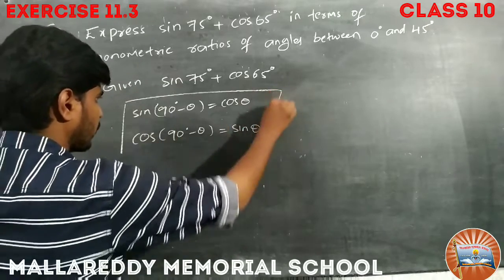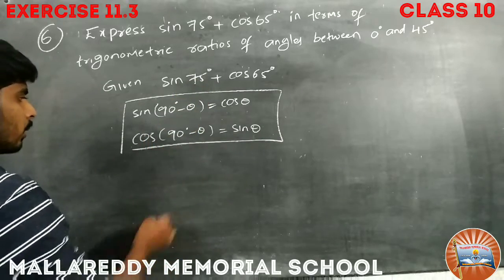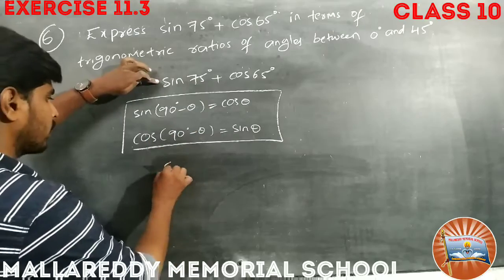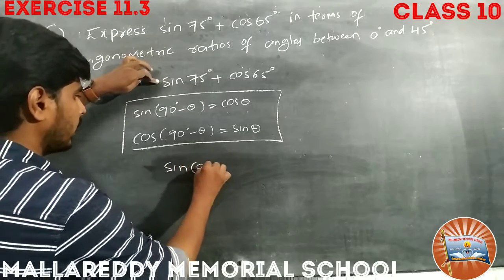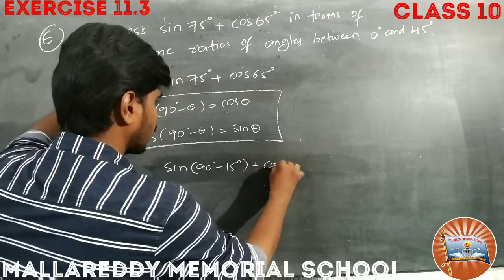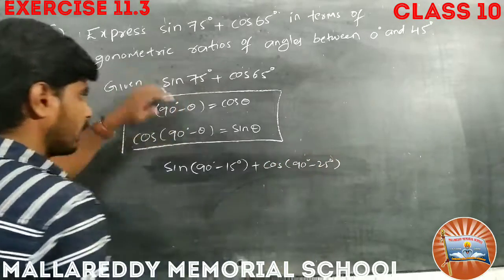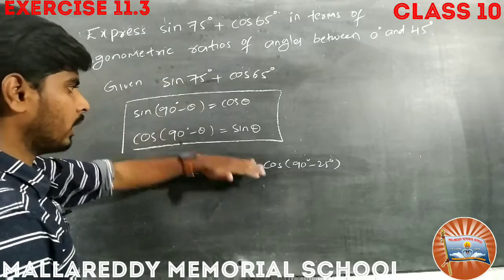By using these two formulas I am going to convert them. It means sin (90 degrees minus 15 degrees) plus cos (90 degrees minus 25 degrees). By using these formulas I am converting like this.